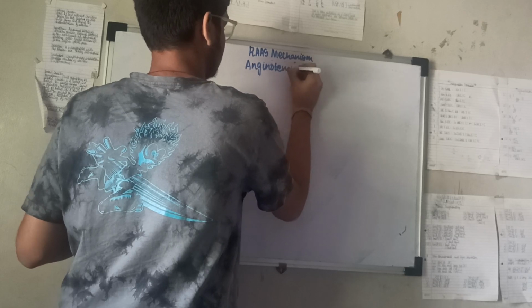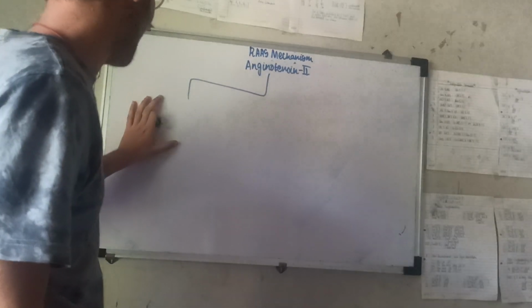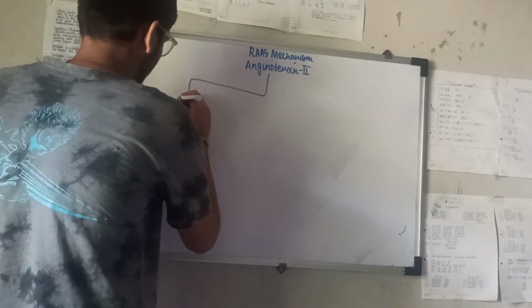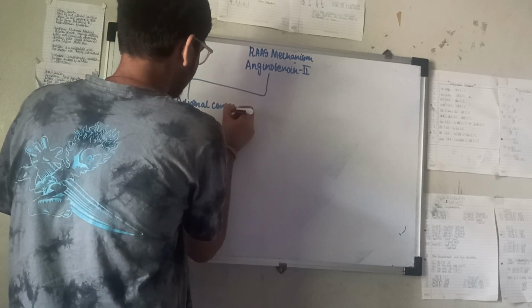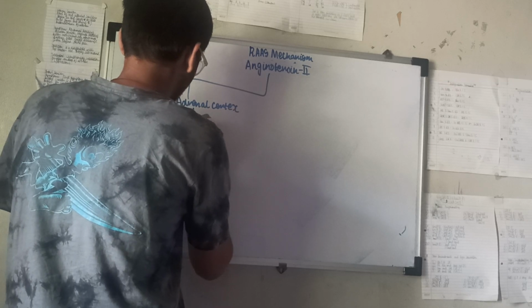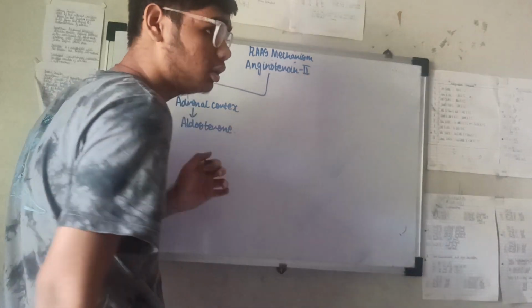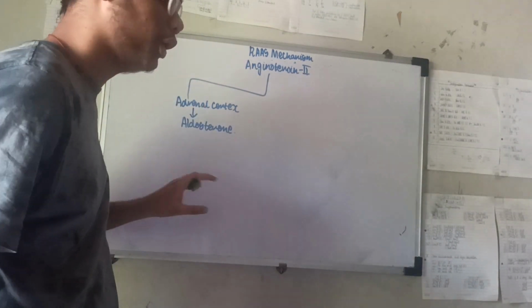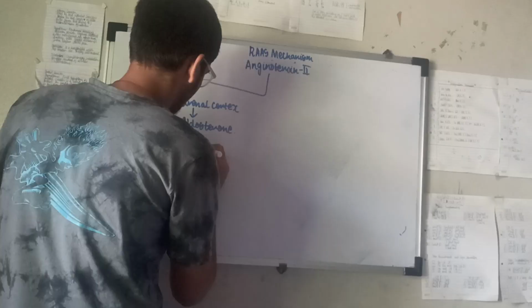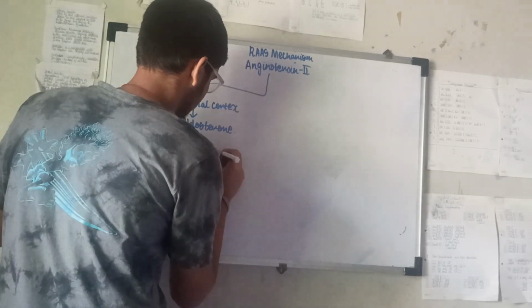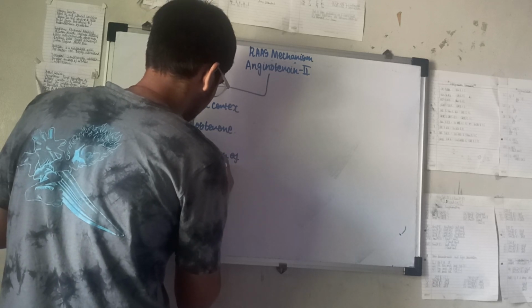First, it acts on the adrenal cortex and stimulates the release of aldosterone, which is a mineralocorticoid, and this functions by reabsorption of Na plus and some amount of water.